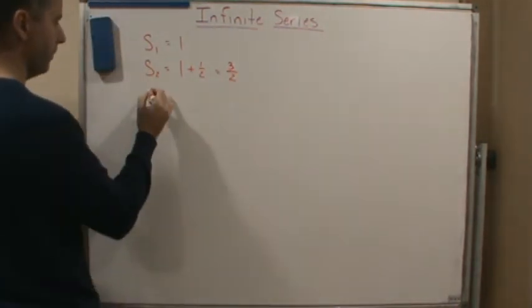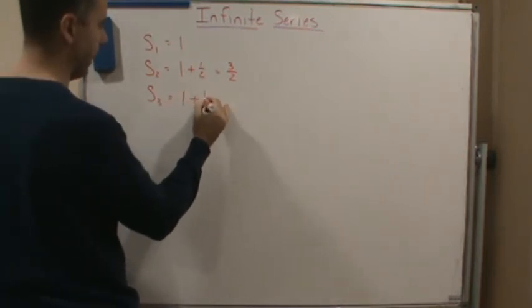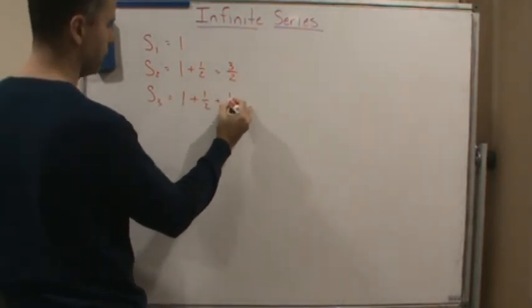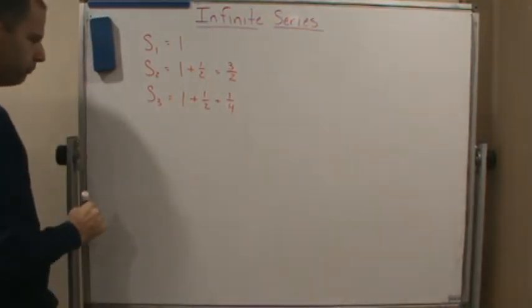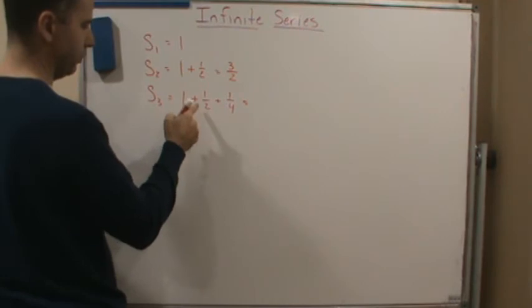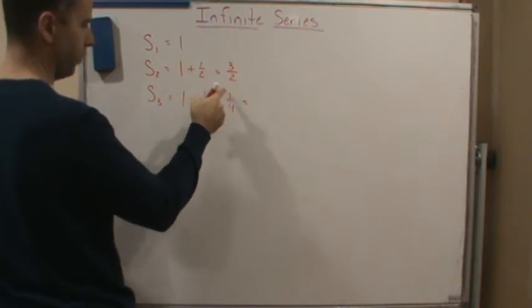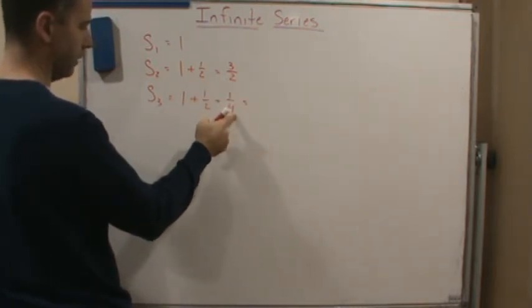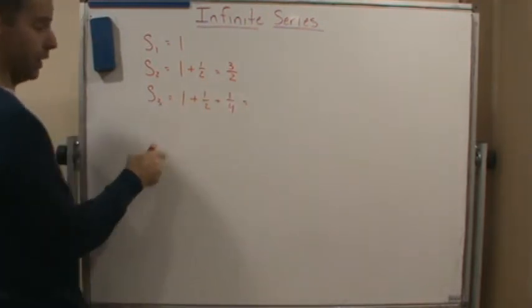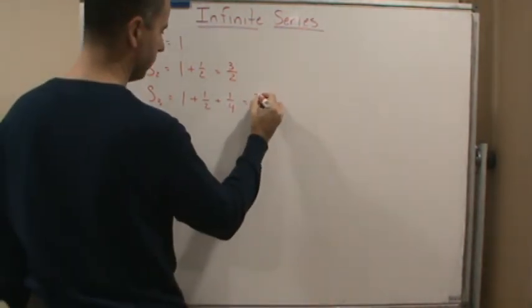And then partial sum number 3: 1 plus a half plus a fourth. This is going to equal 2/4 plus a fourth is 3/4, 3/4 plus 4/4 is 7/4.